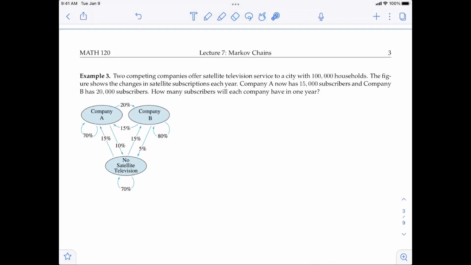transition probabilities. Okay, so what I'm going to do is set up a matrix P. All right, so this is matrix P, and from my experience so far, the columns will be starting with the state, let's say A, B, and none.